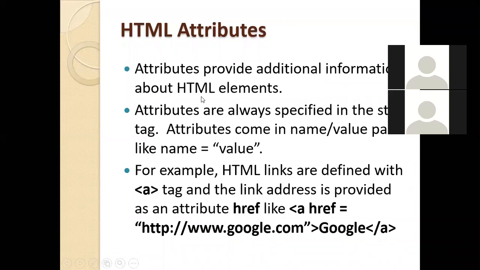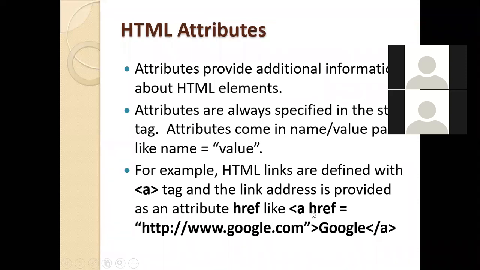So HTML attributes. When we talk about elements, it will always be your tag. Attributes mean that if you want to show some more properties for that particular element, then you need to add attributes. In this example, this A is for the anchor tag or the hyperlink tag.